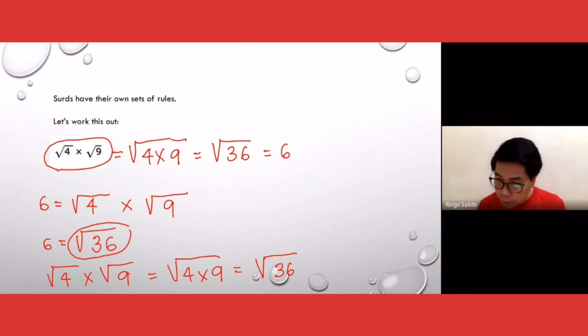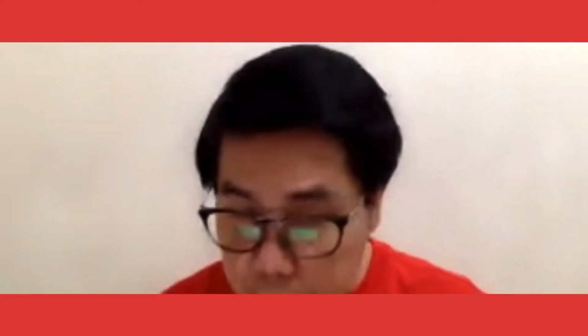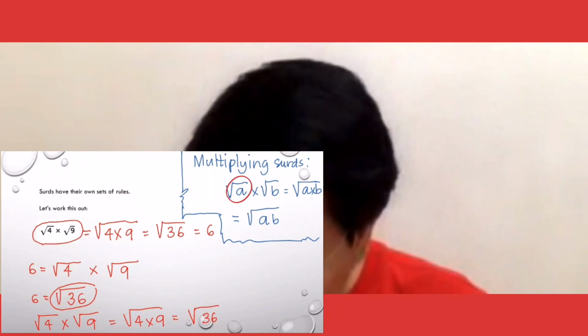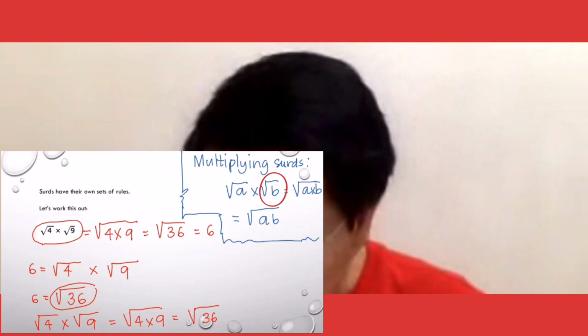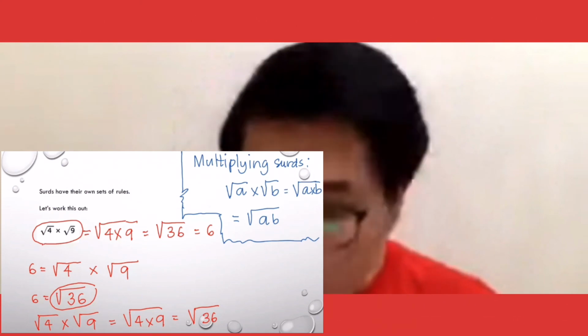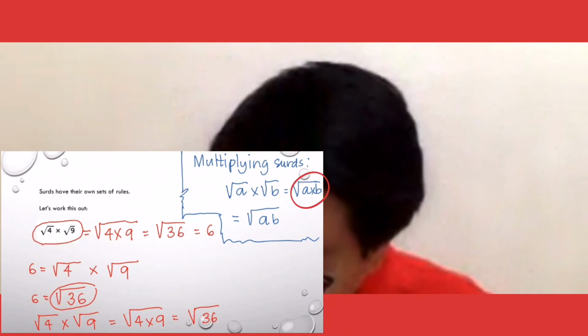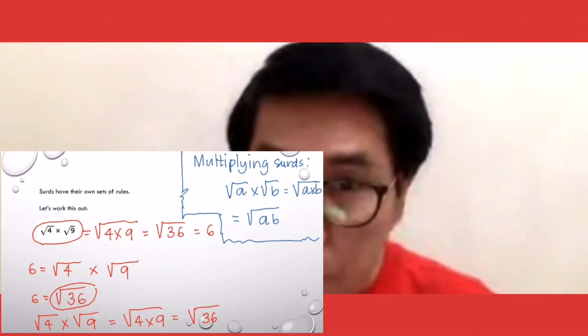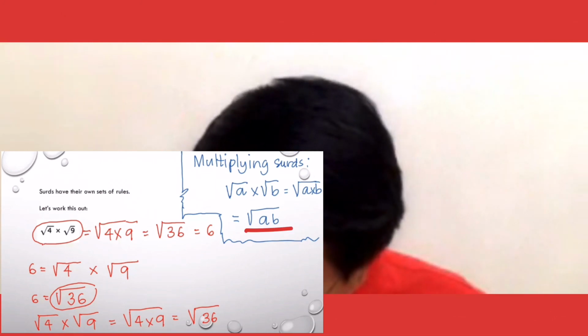So therefore, we can say that the root of A times the root of B is equal to the root of A times B, which is also equal to the root of AB.